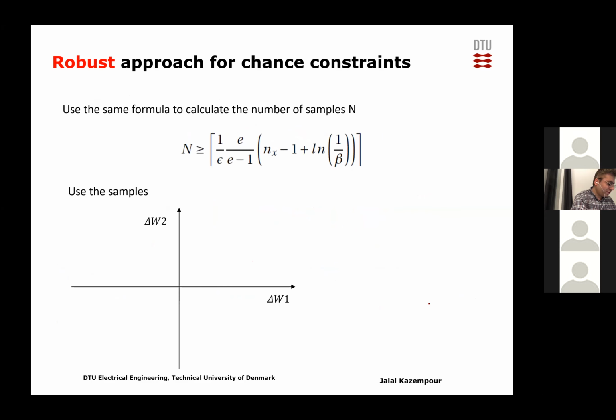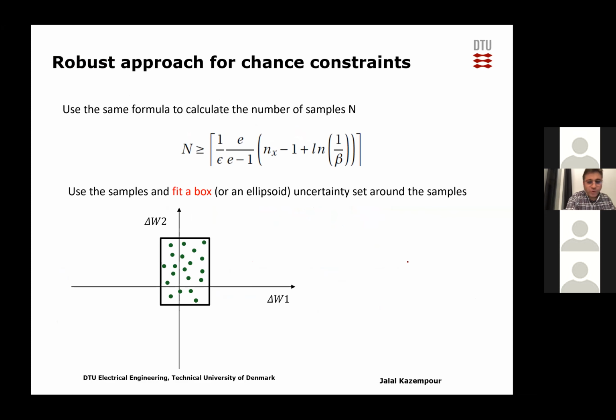So based on n samples, you have these samples. You arbitrarily pick samples, but their number comes from this formula. Then you can fit a box uncertainty set, but as much as you have a more complicated uncertainty set, you can provide a better fit to your samples.